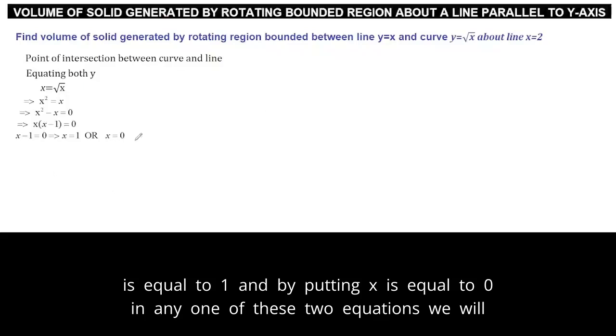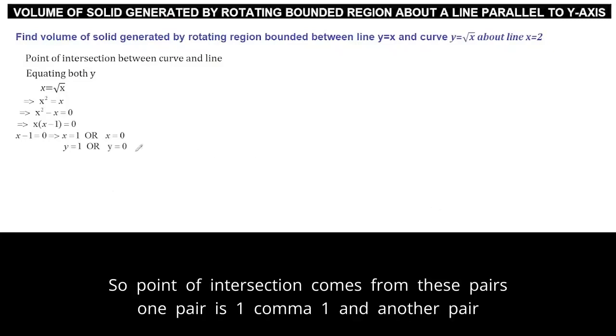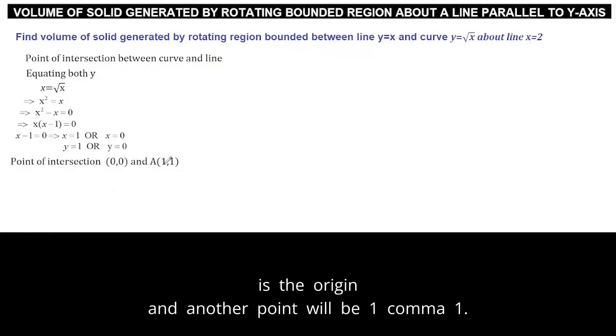And by putting x is equal to 0, we will get y is equal to 0. So one pair is 1 comma 1 and another pair is 0 comma 0. So we can conclude the points of intersection between the curve and the line are 0 0, that is the origin, and 1 comma 1.